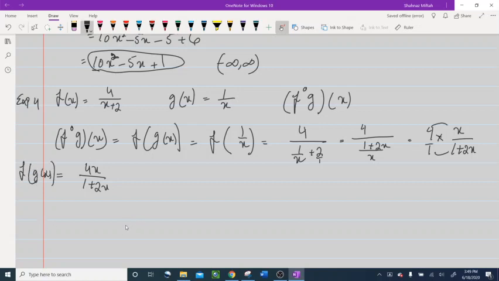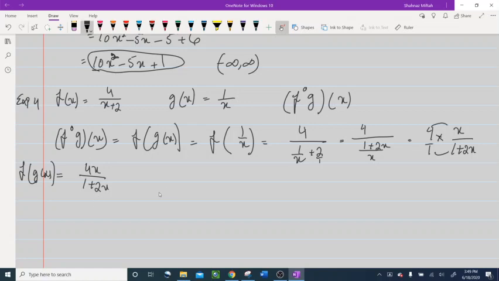Now let's find the domain of this. Remember, the top portion doesn't matter, anything is going to work. What about 1 plus 2x? We are always worried about the denominator.